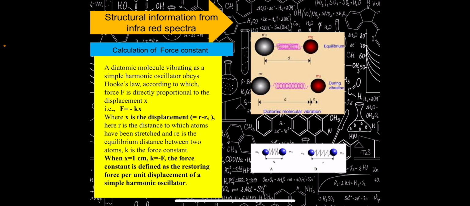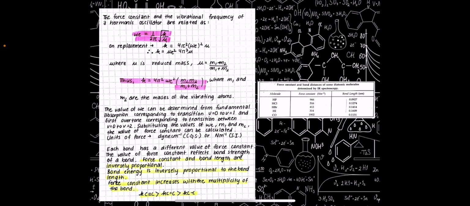The force constant and vibrational frequency of a harmonic oscillator are related as omega e is equal to 1 upon 2 pi under root k upon mu. On rearrangement, it gives k is equal to 4 pi square omega e square mu, and we know that mu is the reduced mass.